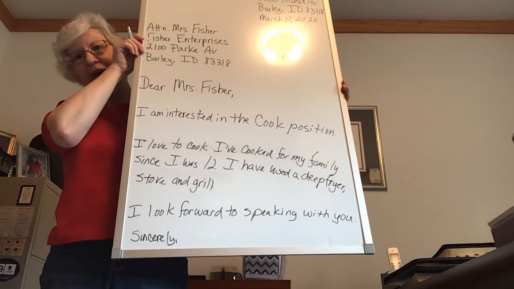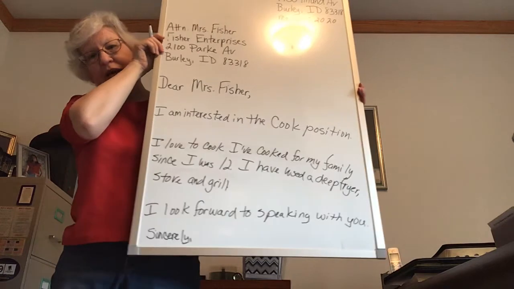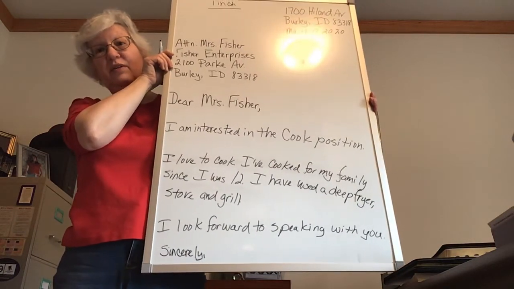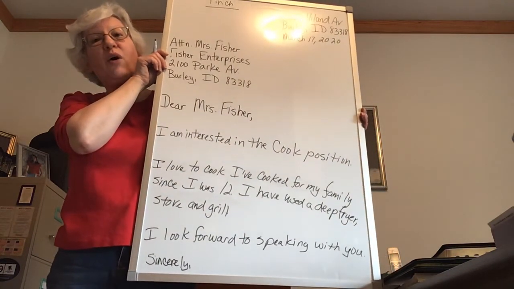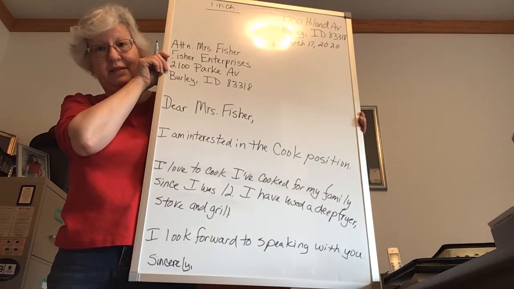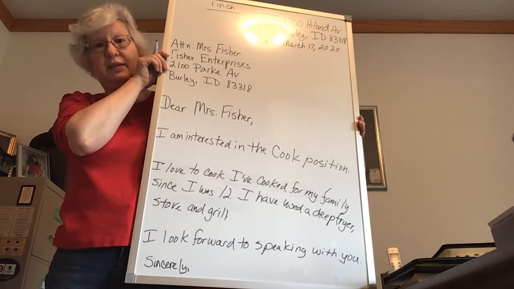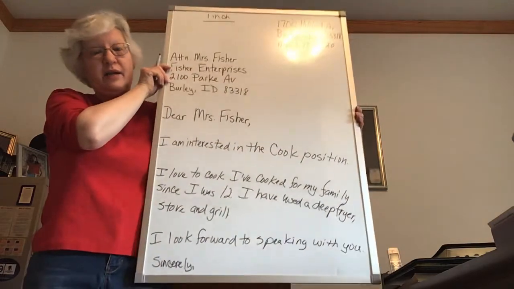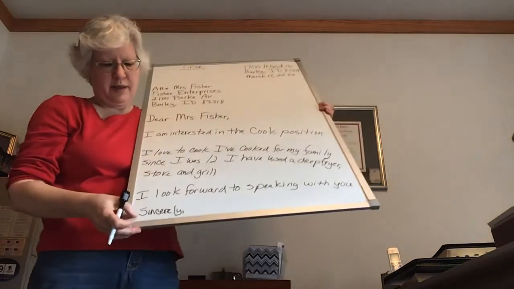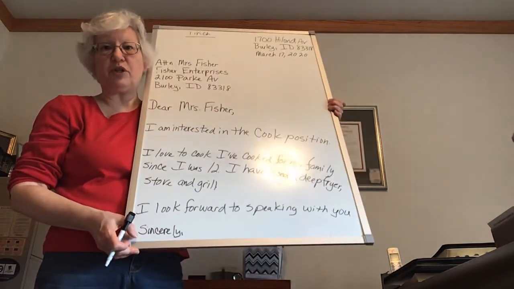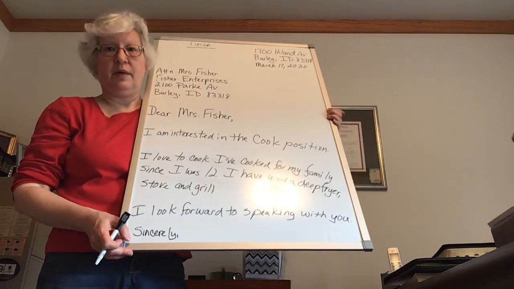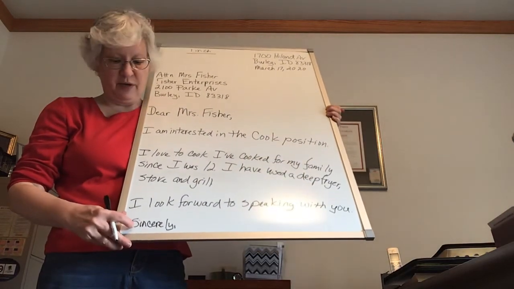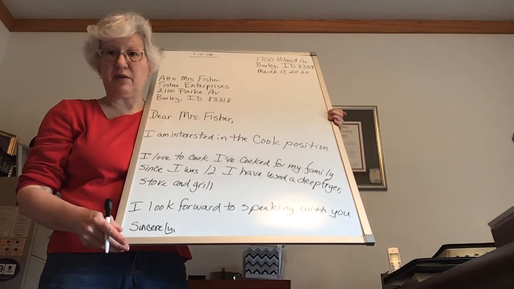Then, after you do the closing, you skip 3 or 4 lines, and then right here against this far left margin, you type your name. And then when you print it out, you sign your name in that space between sincerely and your name.